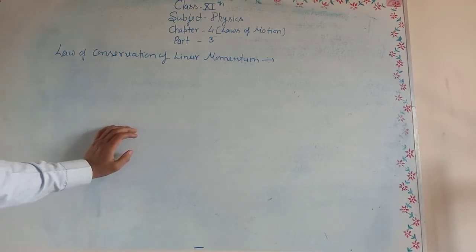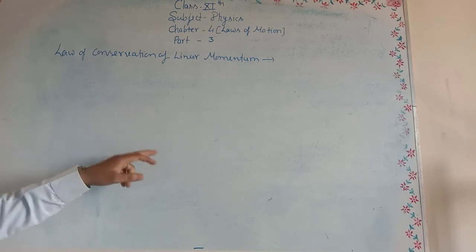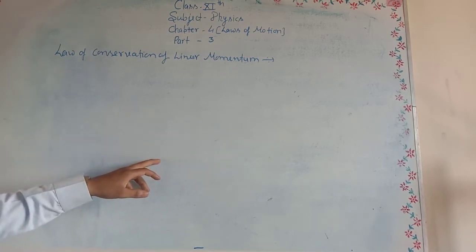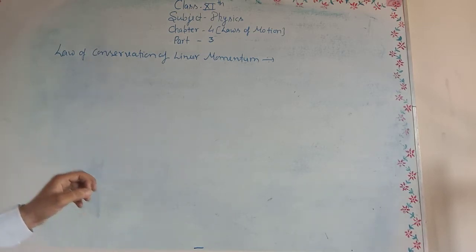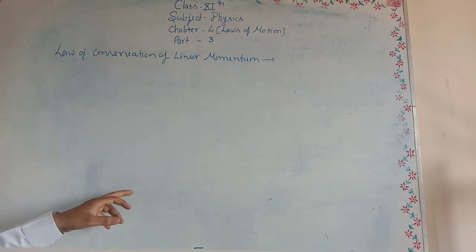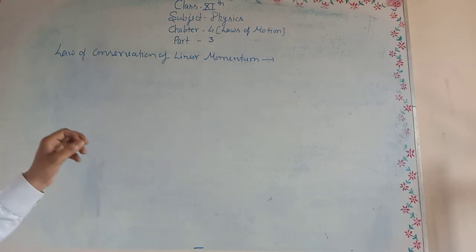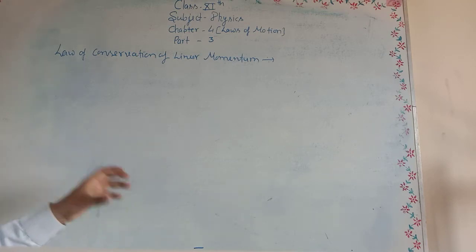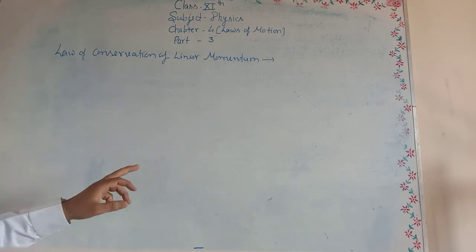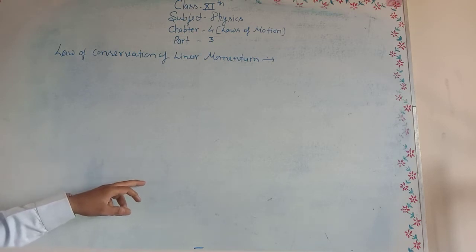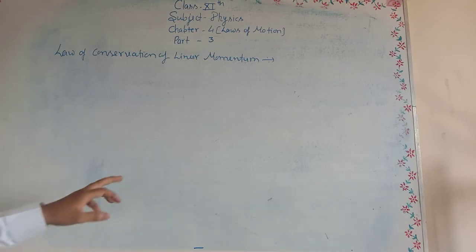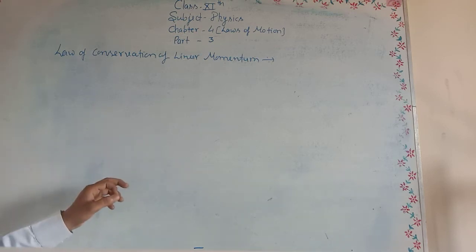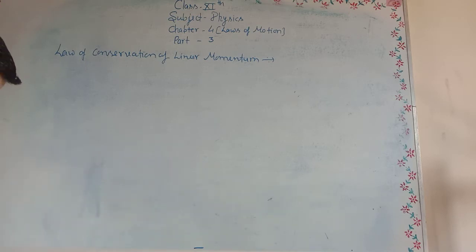It states that when no external force acts on a system of several interacting particles, the total linear momentum of the system is conserved. The total linear momentum is the vector sum of the linear momenta of all particles of the system.